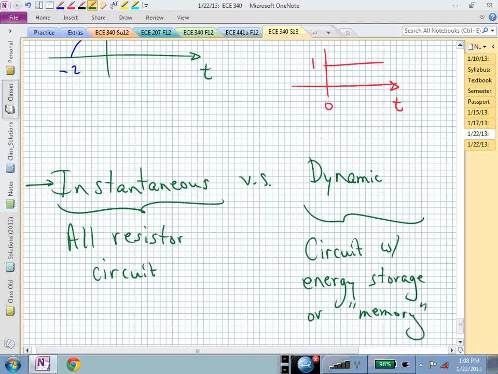And what circuit elements do we think of when I start saying, oh, we have energy storage going on in this circuit? L's and C's, right? Eli the Iceman. We have L's and C's. We have derivative actions. When you have derivatives in your equations, there's some memory. If you have integrals, that's building up information. That's now energy being stored. You have energy in your system, that's a dynamic system versus an all-resistor network.